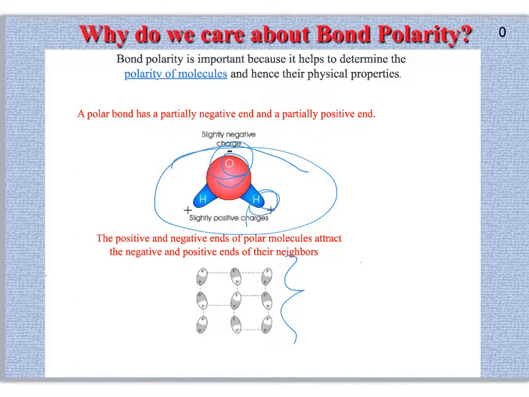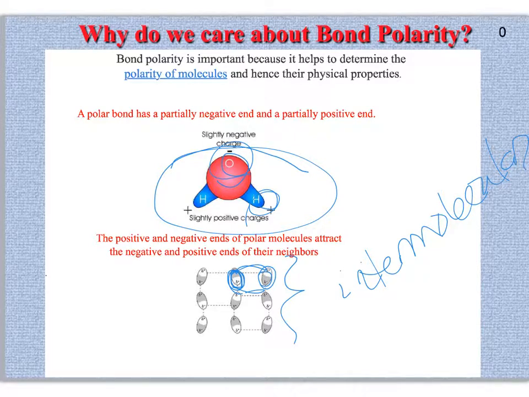We know opposite charges attract, right? So if you have a polar molecule, it's going to align head to tail, so that the opposite charges are by each other. That particular alignment, or intermolecular attraction, is going to affect a ton of properties.